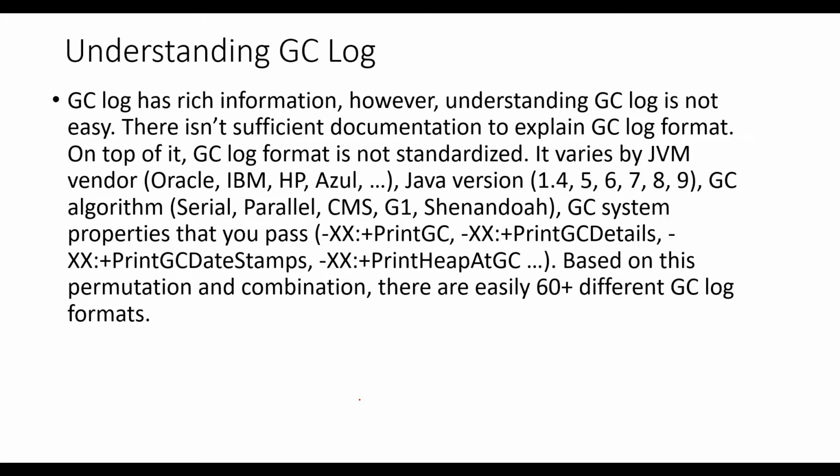For other servers, for example Tomcat, you will have two different types of files: one is your Catalina.log file and the other is your access log file. Catalina is for whatever is going on in Tomcat, and access is for whatever is going on in the application deployed on Tomcat. So there is no uniform way of logging for GC.